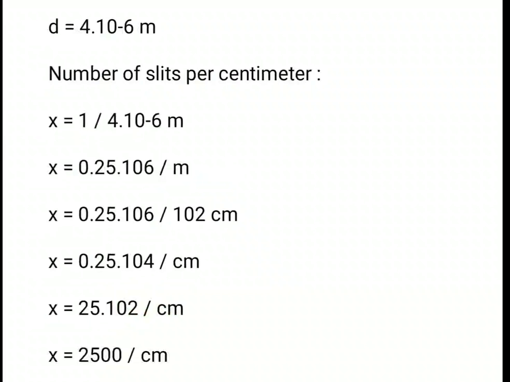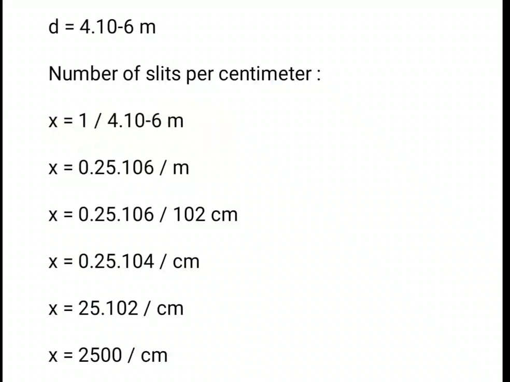Now here we have to find the number of slits per centimeter. Here we have the distance between the two slits, that is d. So the number of slits per centimeter is equal to the reciprocal of the distance between the two slits, that is x is equal to 1 by d.